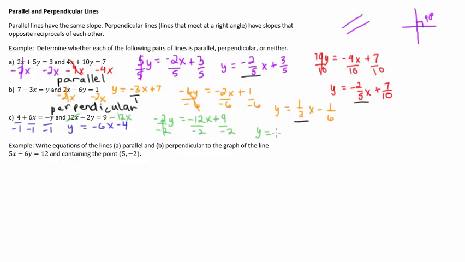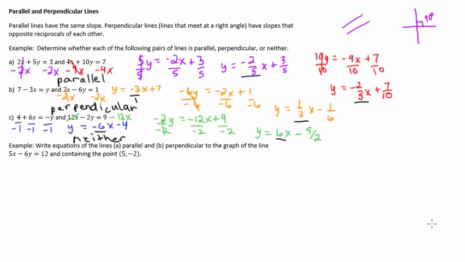And I get y equals positive 6x minus 9/2. If we compare our slopes, we have a negative 6 and a positive 6. They're opposite of each other, but they're not reciprocals. It's the same number, 6, but one is negative and one is positive. So this is still going to end up being neither.